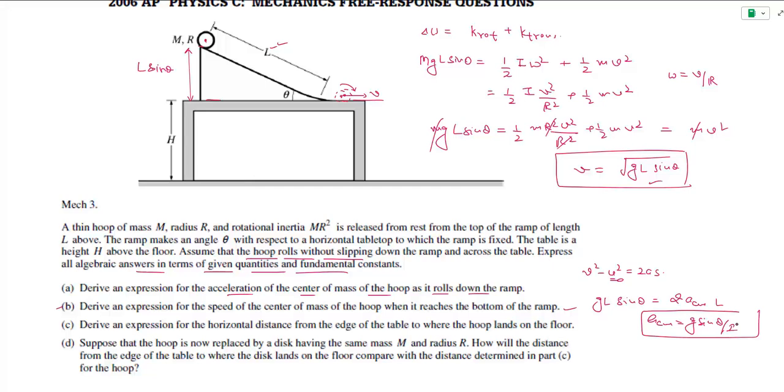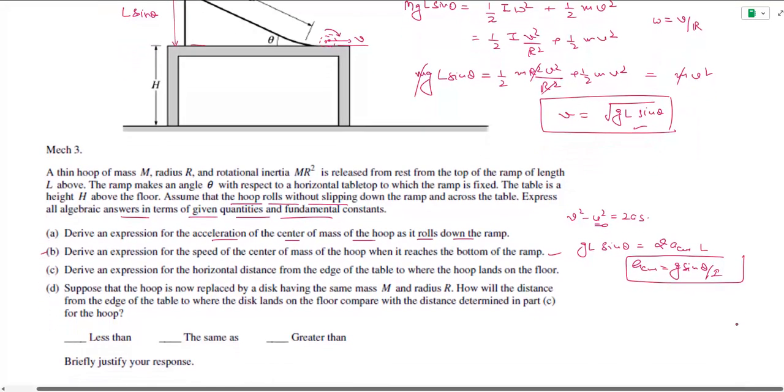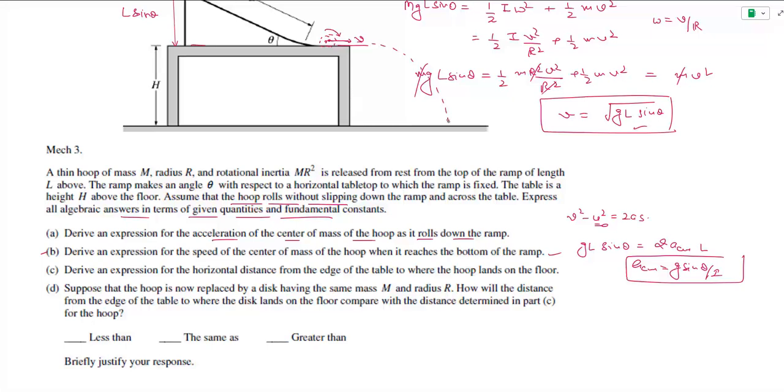C part, you have to derive an expression for the horizontal distance from the edge of the table where the hoop lands on the floor. That's very simple, because it has attained a velocity v, so it will act as a horizontal projectile. He is basically asking for this horizontal range. So R would be equal to v into time of flight.